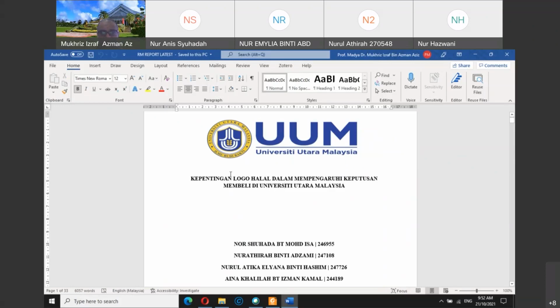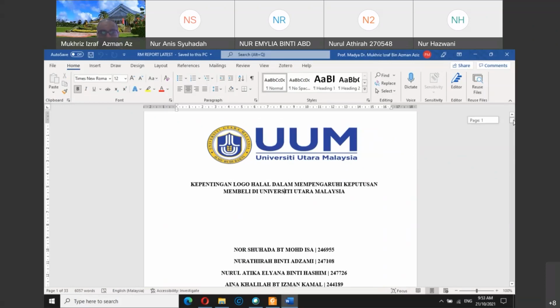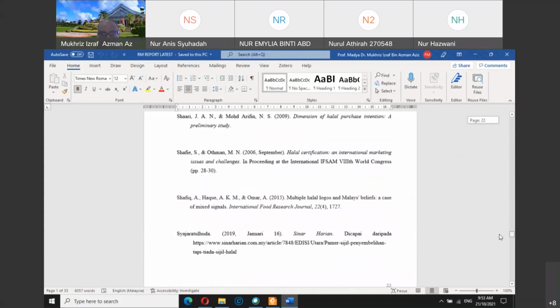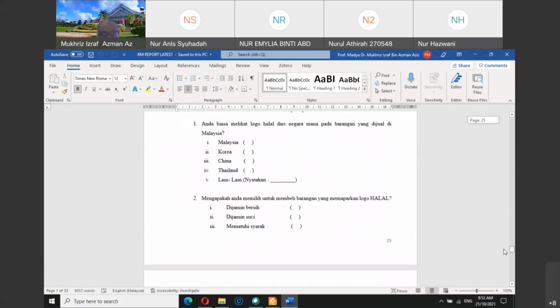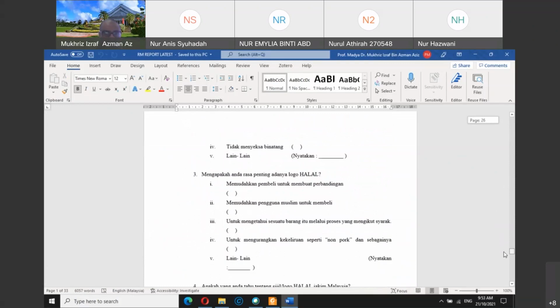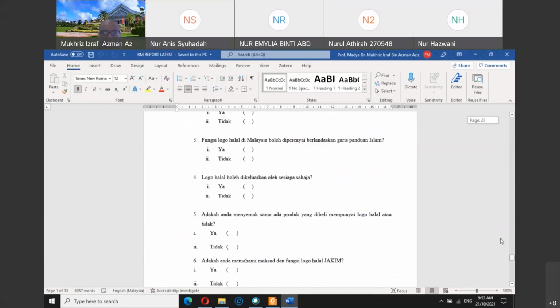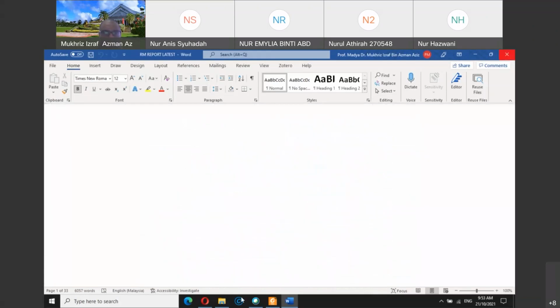So the halal logo is quite easy to find materials on. Again, this is the questionnaire that was done. They got some references or example questions from past studies, and of course made some changes to reflect the case in UEM.